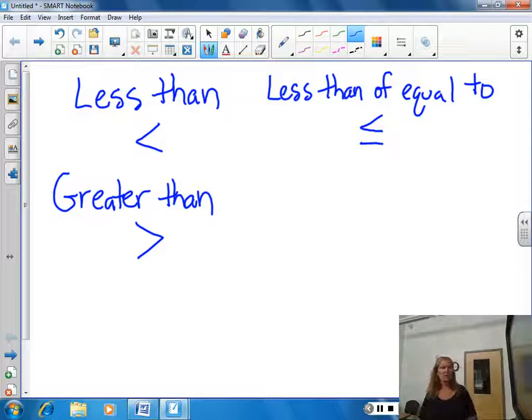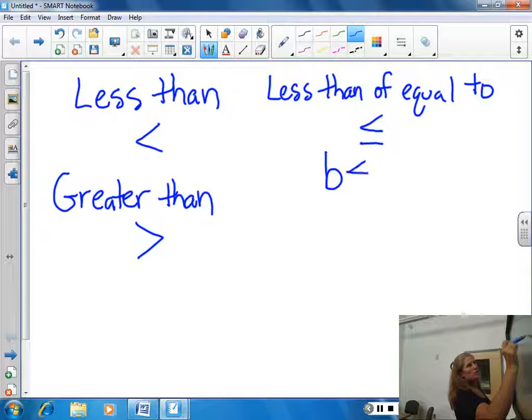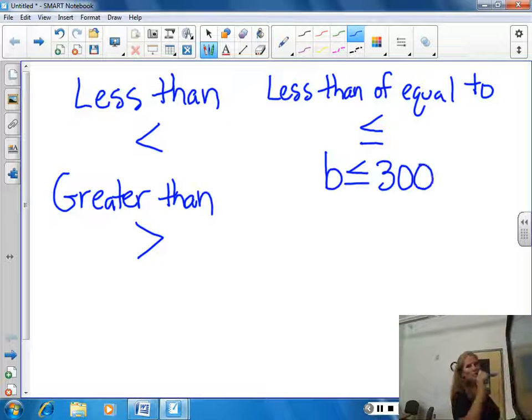Best game you can get. So if you're talking about a bowling score, we would say your bowling score is going to be less than or equal to 300. It could be equal to 300 if you had a perfect game, but it's probably going to be less than that for the rest of us, right? So less than or equal to would show something that could be at the most 300, but probably less than that.